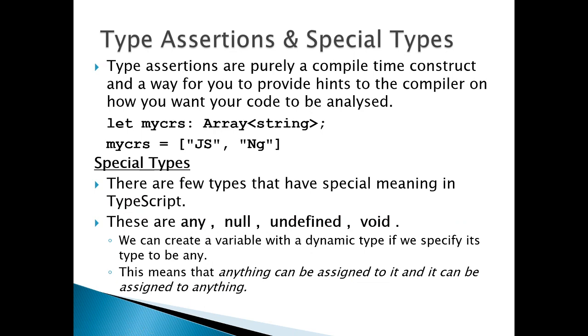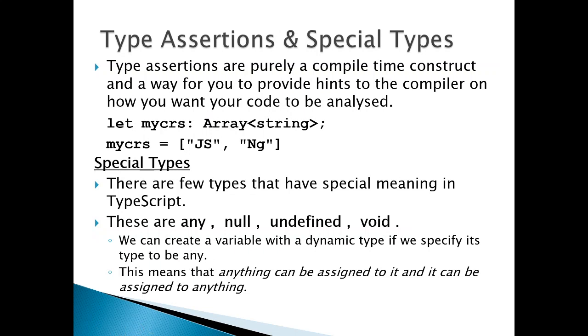Then we have some special types. There are a few special types: any, null, undefined, and void. Any, let's start from: we can create a variable with a dynamic type if we specify its type to be any. Any means any type. It literally means any type.